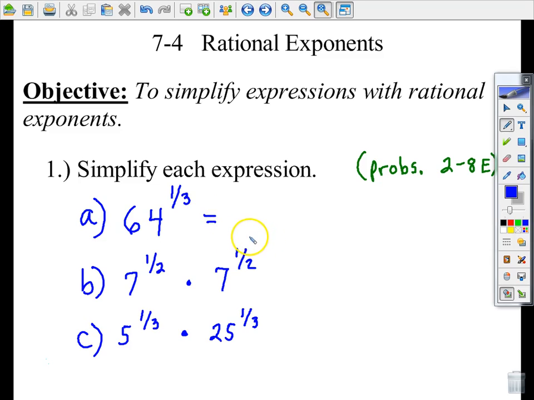So I'll just do this one for you. 64 to the 1/3 power in radical form is the cube root of 64, again, to the 1st, but we don't write exponent 1. So I just changed rational exponent into radical form because that's fairly familiar to us. The cube root of 64, of course, is just 4.